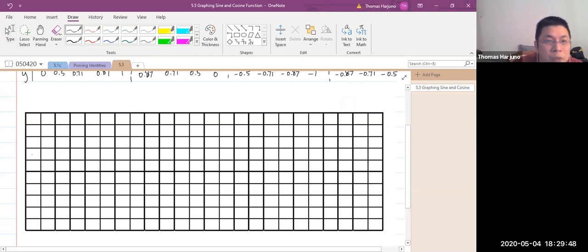Notice that for the sine function, let me use red color instead, the center is 0. The amplitude is 1. Basically the graph later on will look like this. I give you the sketch only for now. It will look like this approximately.